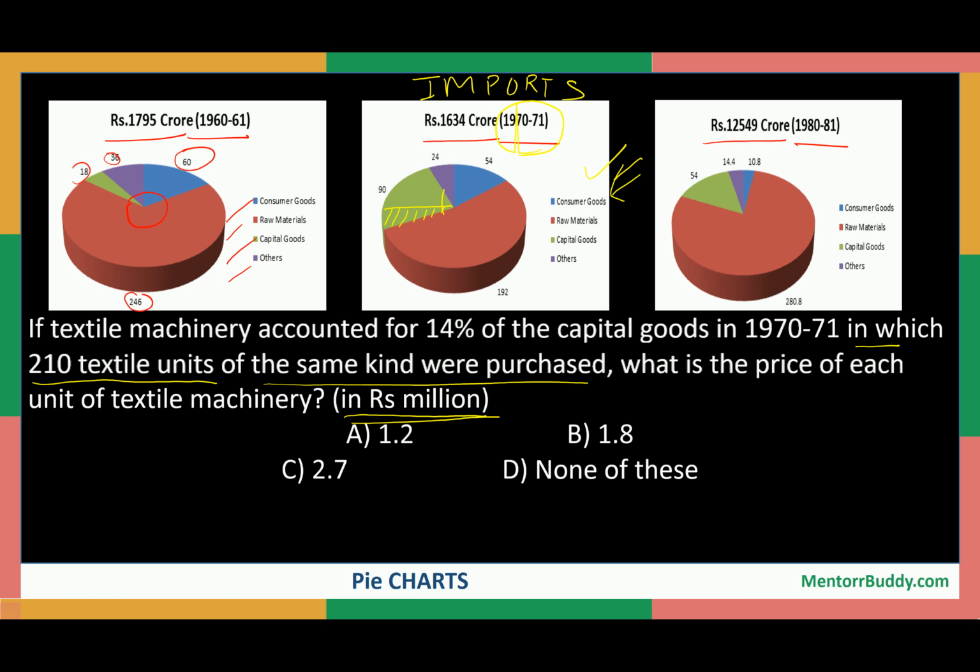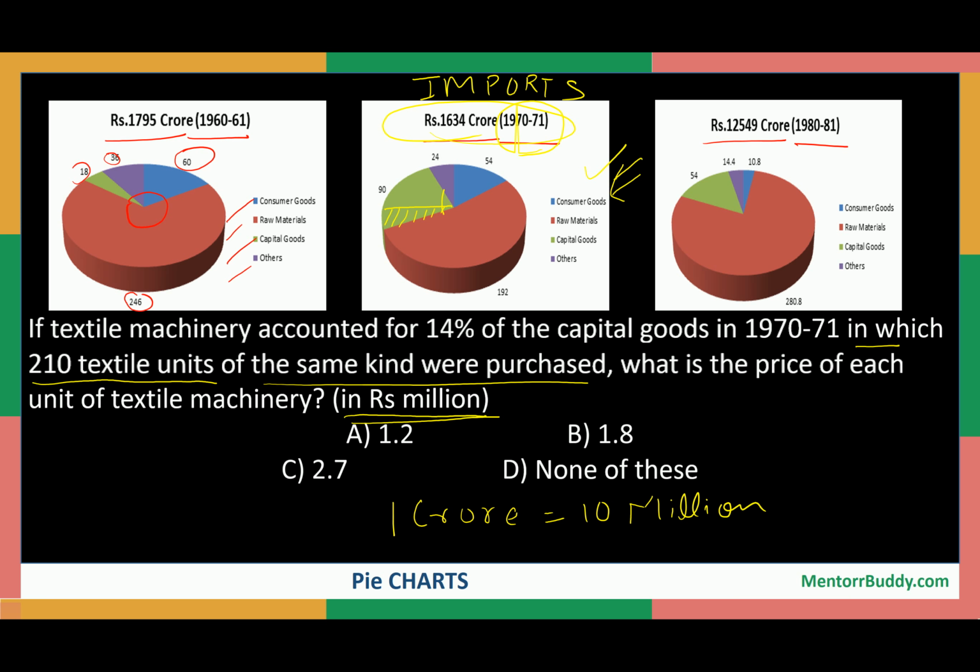Okay, and the total import has been given in crores of rupees, right? So first of all you should convert this from crores to millions. You should know that 1 crore rupees is equivalent to 10 million.